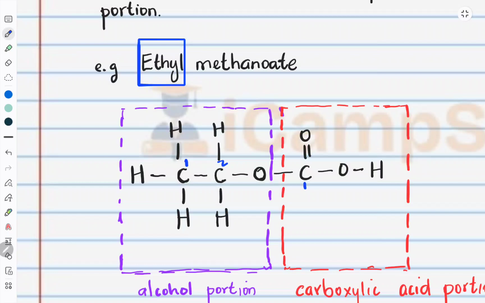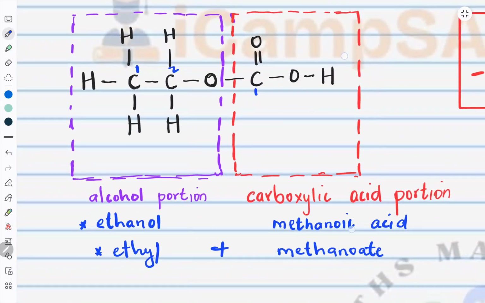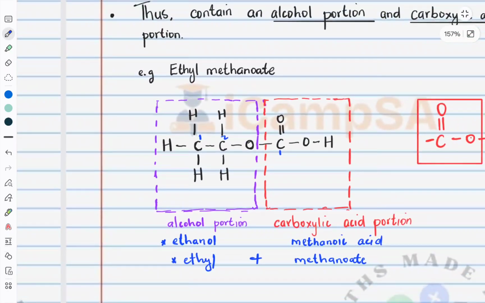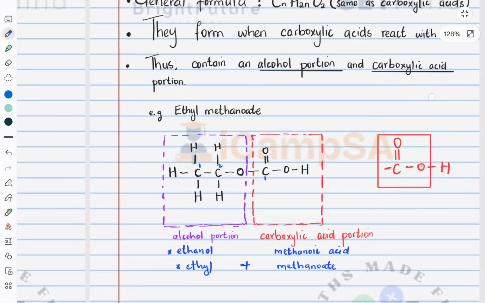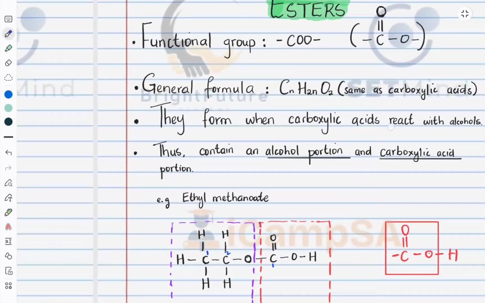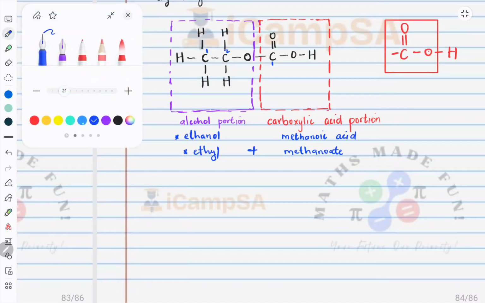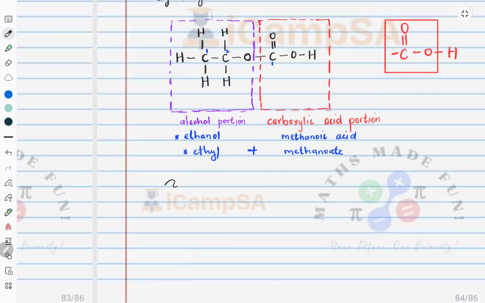Since this one had two, we name it ethyl. If you still don't get it, we will do the examples and then it will sink in. And lastly, esters have a suffix as well, just like all the other compounds we've been doing. The suffix for esters is oate.